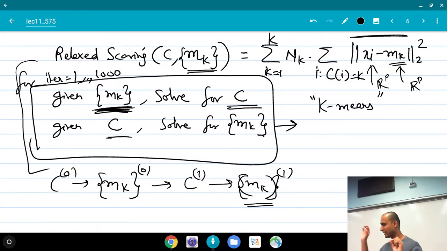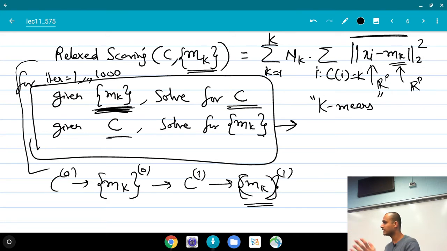Done. Pick the next point. Which of M1, M2, M3 is it closest to? Let's say it's closest to 3, then the cluster assignment of the second observation is 3. Done. So you just do it linearly, a linear check for each observation. That's it. Then you get the C, which for every index gives the assignment. Once you know C, the only thing left is to compute new M_Ks.